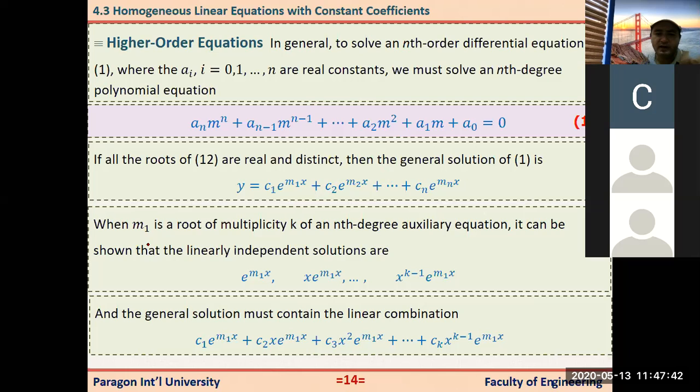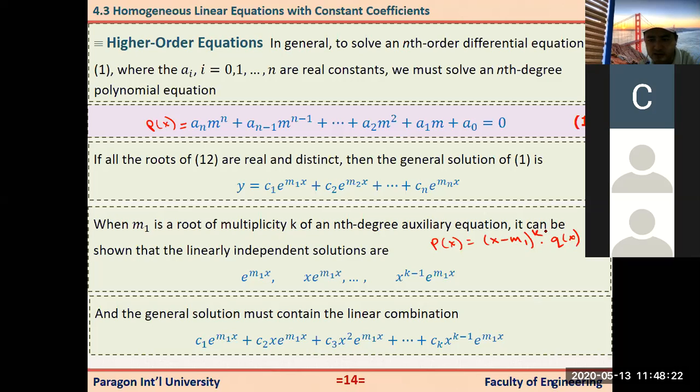When m1 is a root of multiplicity k of an nth degree auxiliary equation, what does it mean? Let's say this is our polynomial equation, p of m. When we factorize this, we have a term (m minus m1) to the power k, times other factors, some other polynomial.